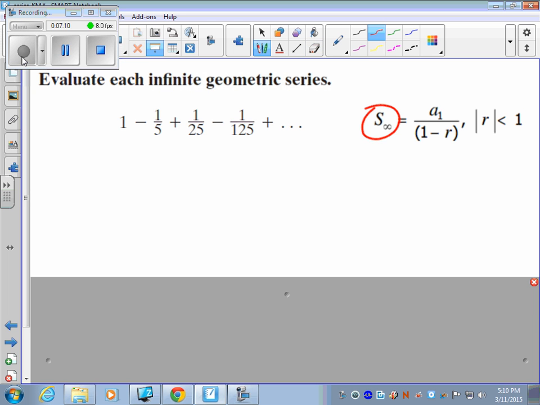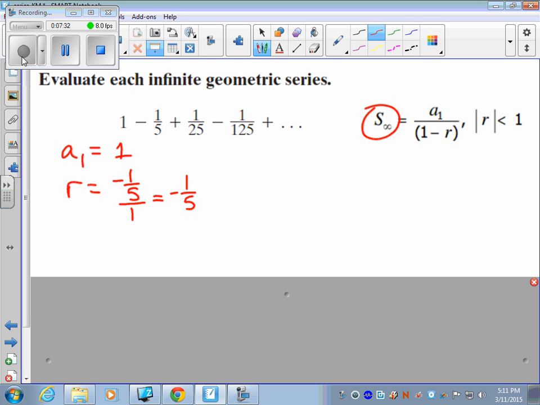So in this formula, you have a sub 1, which is your first term. So that's 1. We have the R. Well, the R value is just taking the second term divided by the first, which in this case is negative 1/5.